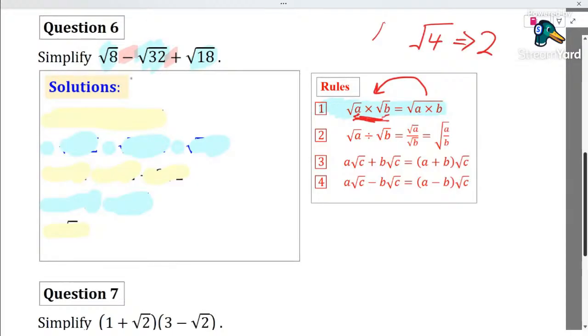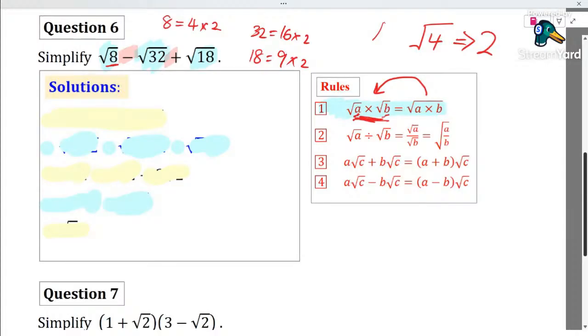So let's think about it. 8: break it into two numbers, and one of them must be a perfect square number. So 8, we can break it to become 4 times 2. 32 is 16 times 2. 18 is 9 times 2.